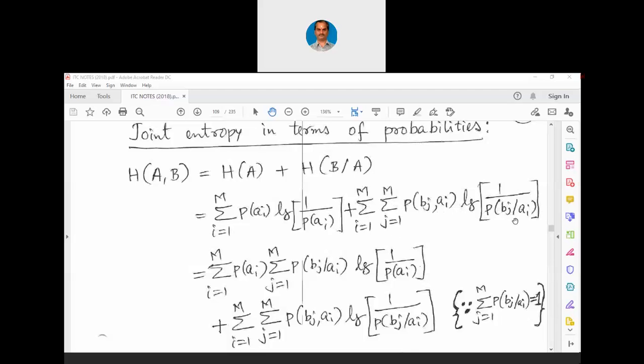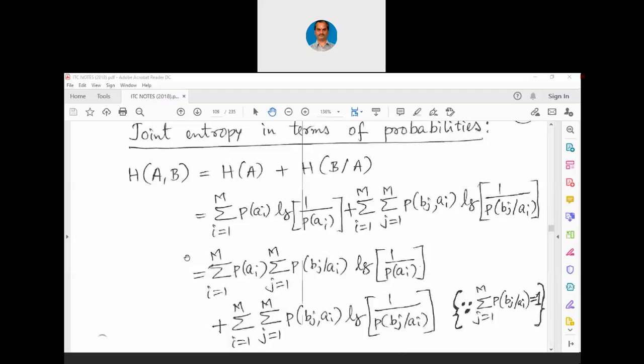This is based on the conditional probability and joint probability. You will have to recall the theorem of total probability as well as Bayes theorem, based on which we defined equivocation.